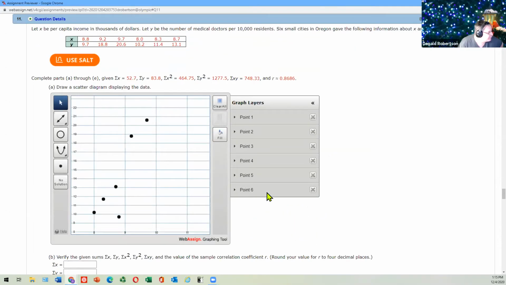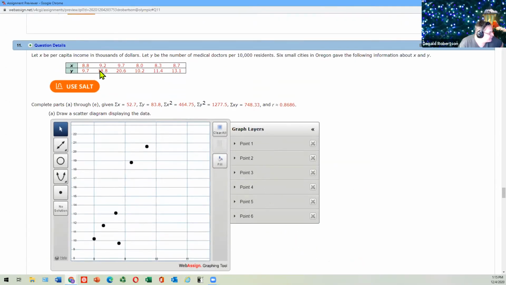And I think last time I figured out a shortcut. There's 1, 2, 3, 4, 5, 6 numbers. If you do sigma X, that guy there is what they add up to. So I just need to take that total, which is 52.7, and divide it by 6.